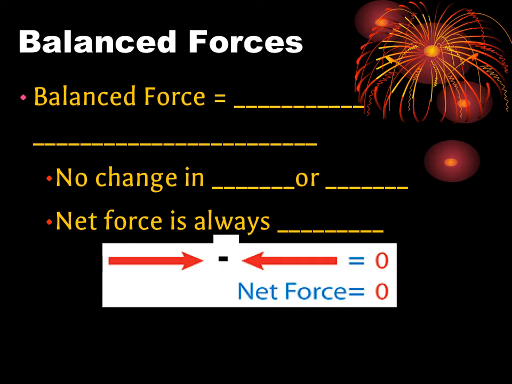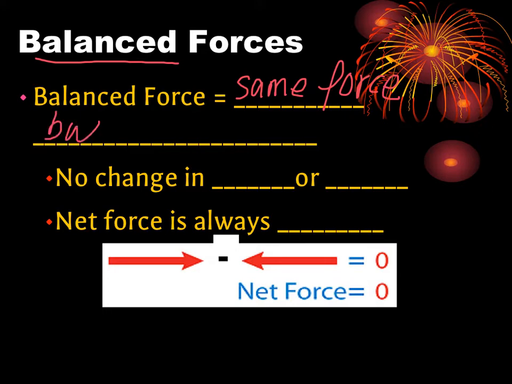Now once net force is calculated, I can determine if I'm dealing with either a balanced force or an unbalanced force. A balanced force is when I have two forces of the same strength. So I have the same force happening, but occurring in different directions.